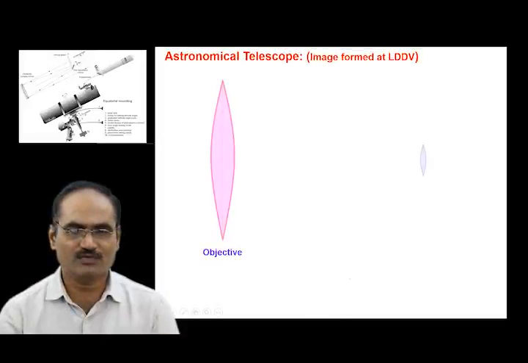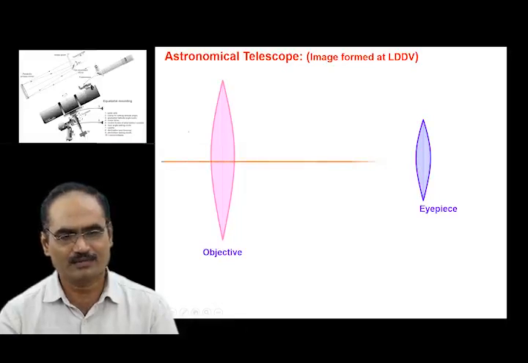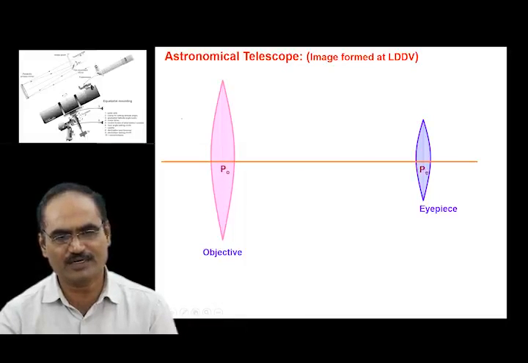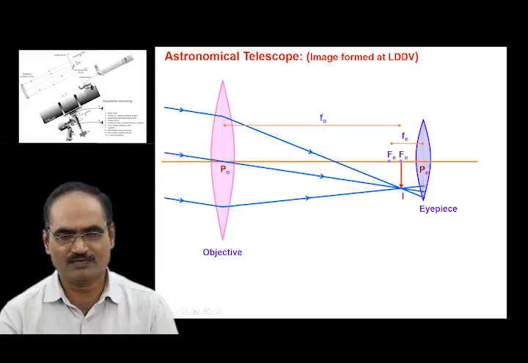Then after this, let us go for how the image is formed at the least distance of distinct vision and what magnification we will obtain here. So as usual, same only, but here the object is also at infinity, and infinity means far away from us. Then same thing here, f naught and fe, same like this, and here it forms the image at f naught.